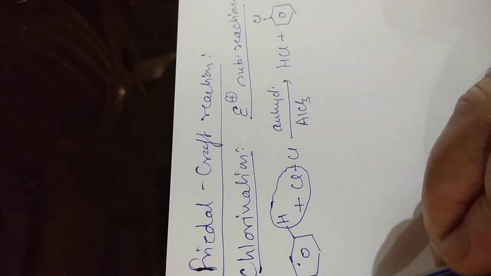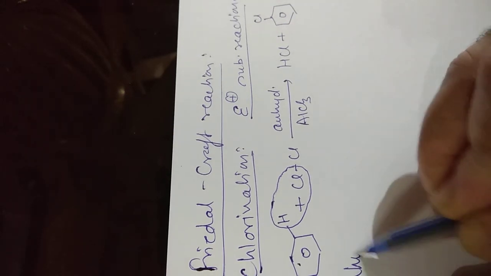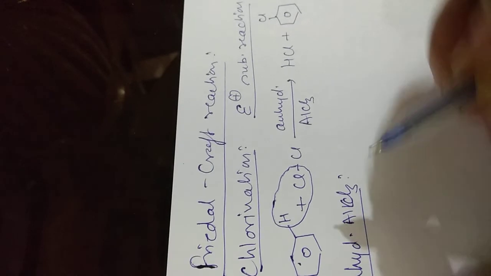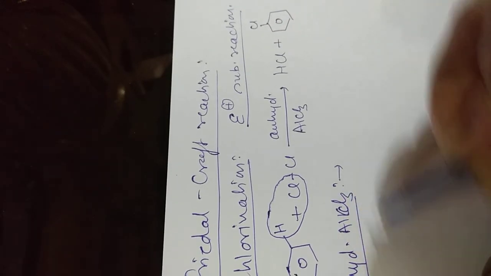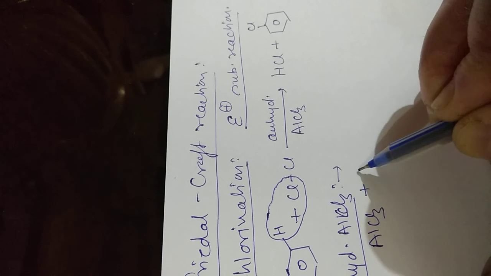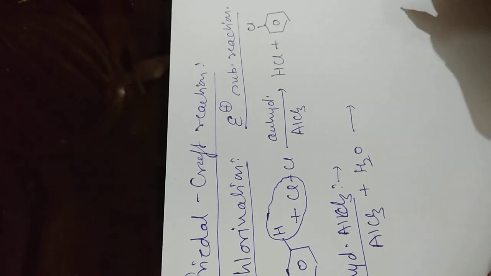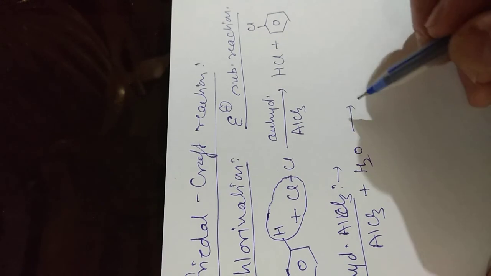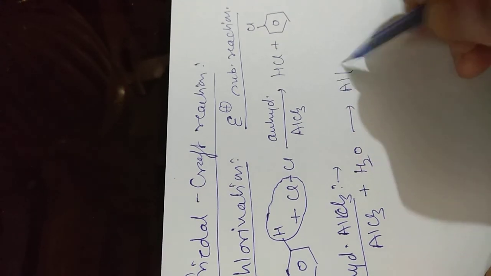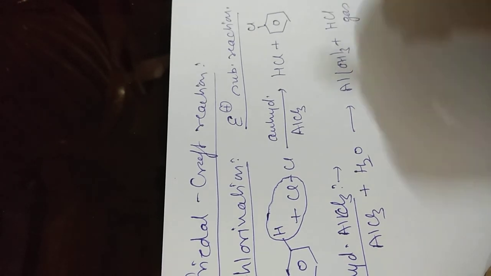Now, here I want to discuss why anhydrous AlCl3 is used. You see, if AlCl3 has some water, then what will happen? AlCl3 will react with water and form aluminium hydroxide and HCl gas.